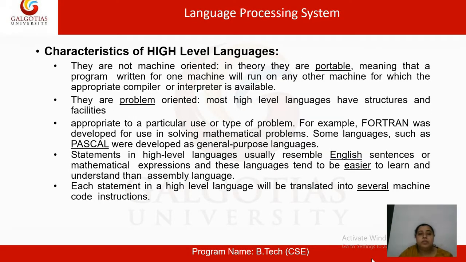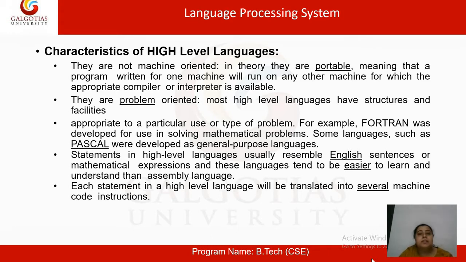After low level language comes your high level language. Now, as the name suggests, high level language is something that is understandable by us. The language that we are going to study, that is your C programming, is a high level language. Fortran was a high level language, Python, Java, all these are high level languages.